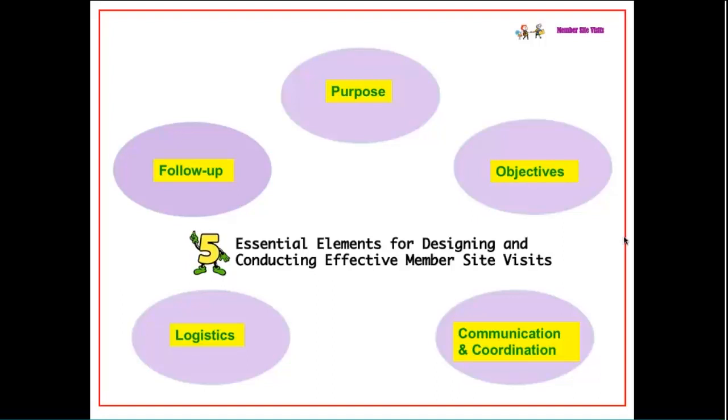Now, my action plan about the site visit, yes, I want it to be transparent, but there may be some elements that are not relevant to the member. Any element that is relevant to the member, I think it's a great idea to share with the person and say, hey, here's my plan when I get there. Meeting with you during this time, meeting with your supervisor during this time.